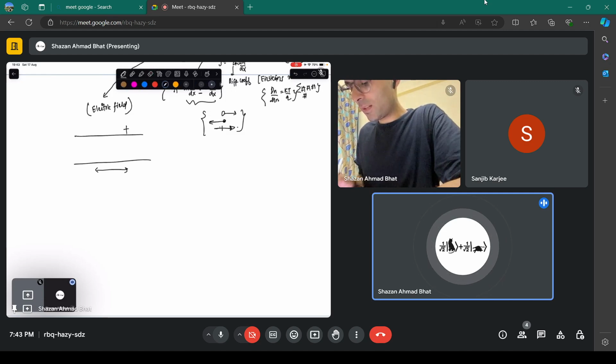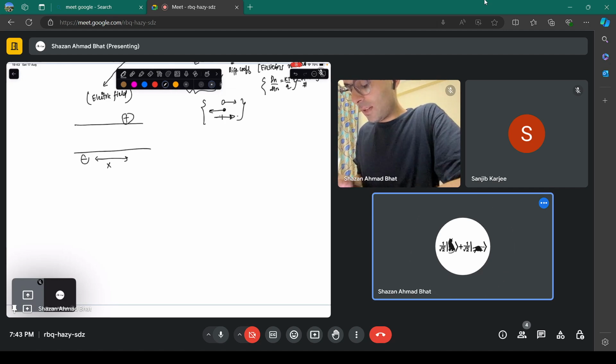Let's say there's a positive charge and a negative charge, and they are spatially separated by some distance x. There will be an electric field developed between these two charges. That is going to be from positive to negative. The electric field lines go from positive to negative, and they go into the negative charge.